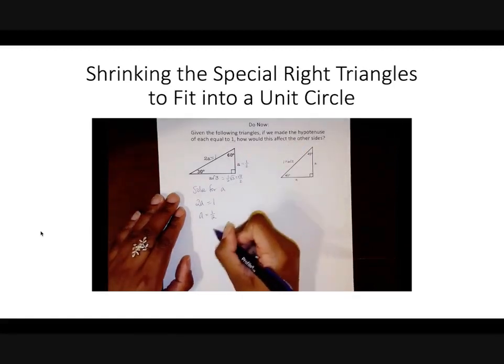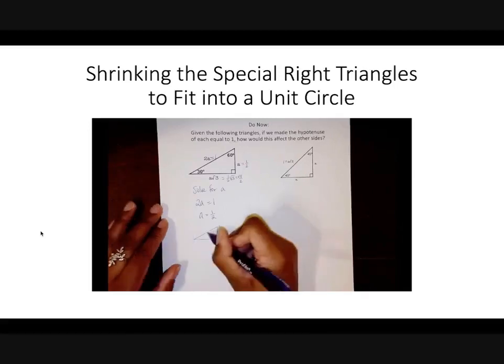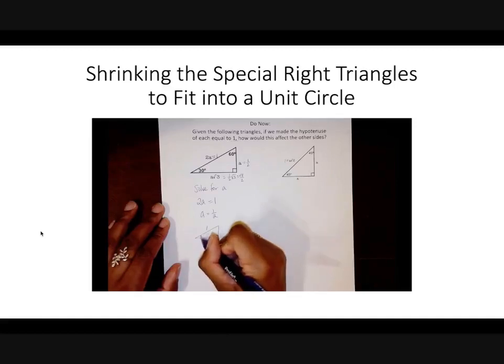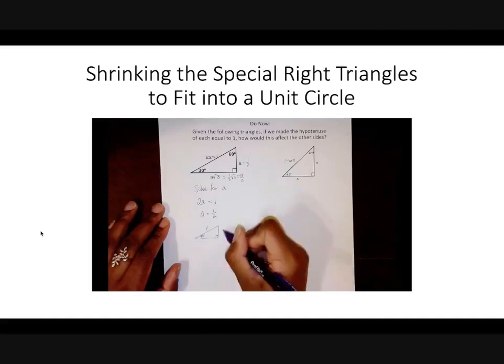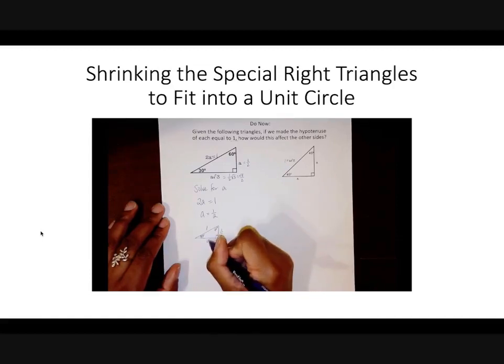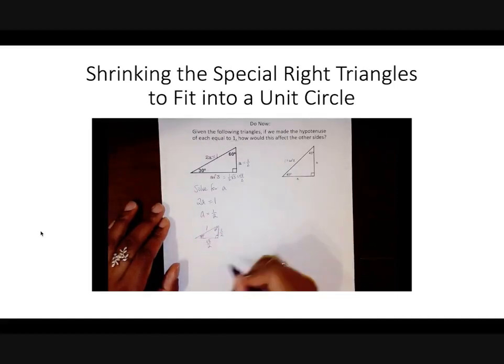So now we have derived that when the hypotenuse is 1, the side that is opposite 30 degrees is always half the hypotenuse. So this will be 1/2. And the side that is opposite 60 degrees will be the square root of 3 divided by 2. And this ratio holds no matter what the orientation of this triangle is.